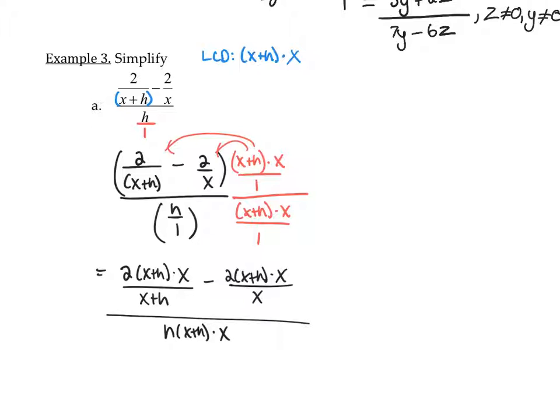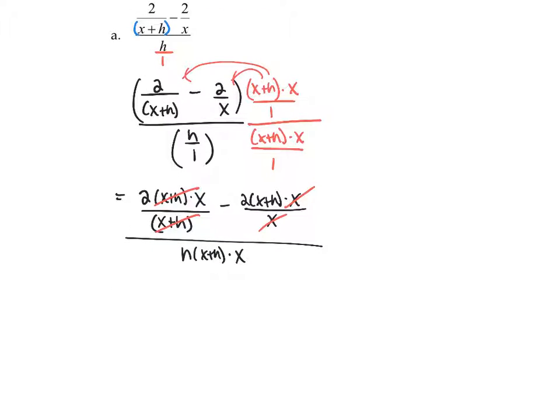Now notice I have a 1 down here, but I don't really need that 1. One thing you want to be really aware of is you don't want to distribute these numerators. When we're using this method, the LCD that we choose should cancel out the denominators. So I have an x plus h and an x plus h that can cancel. I have an x and an x that will cancel, and now I no longer have denominators.